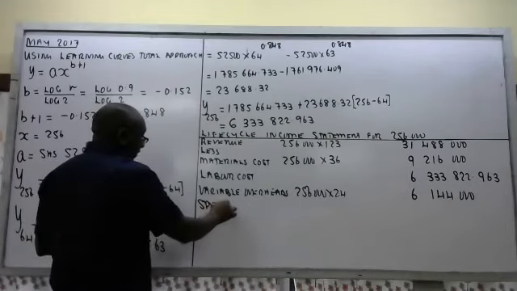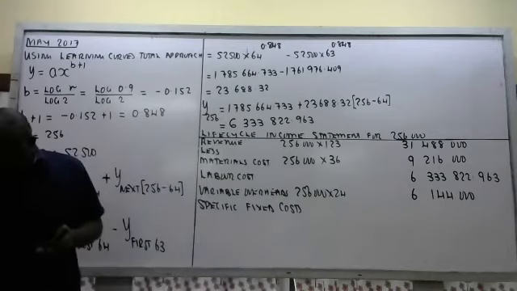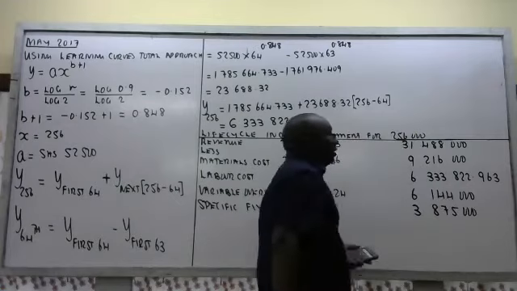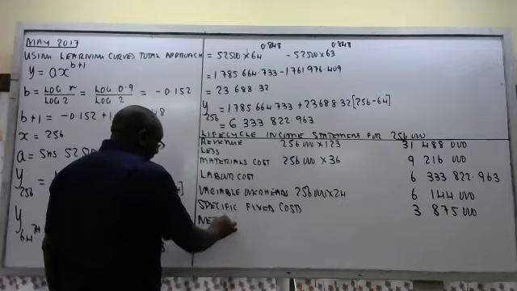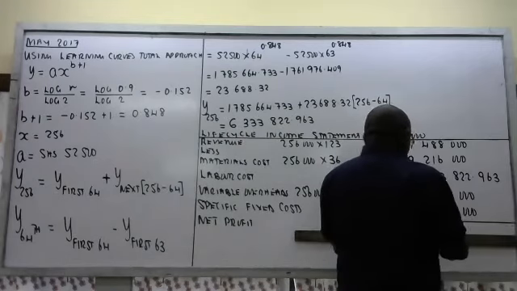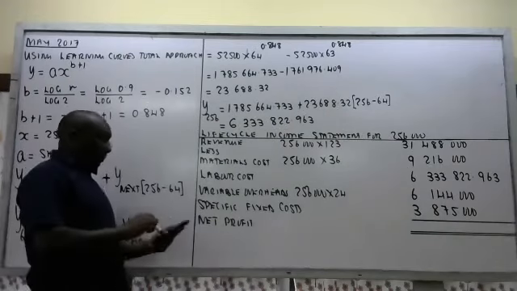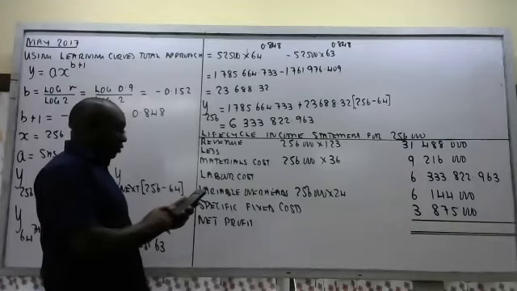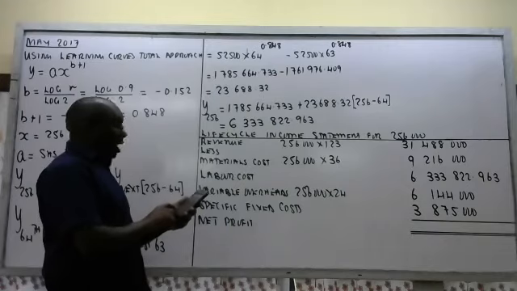Then there is what they are calling specific fixed costs of 3,875,000. So with that, we should be able to arrive at the net profit, being 31,488,000 minus 3,875,000 minus 6,333,822.963 minus 9,216,000 minus 6,144,000.